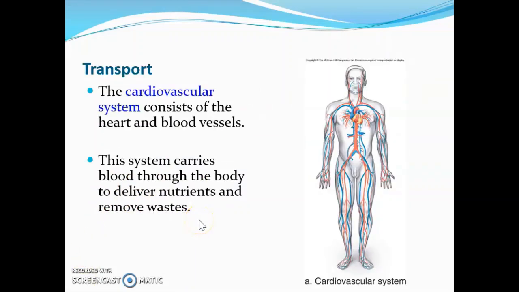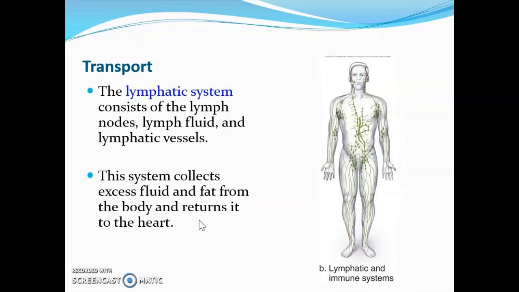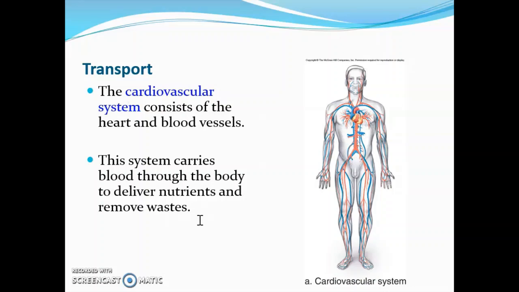The organ systems that are involved in transport of fluids are the cardiovascular system and the lymphatic system. The cardiovascular system refers to the system that circulates blood throughout the whole body. The cardiovascular system comprises two main structures: the heart and the blood vessels.